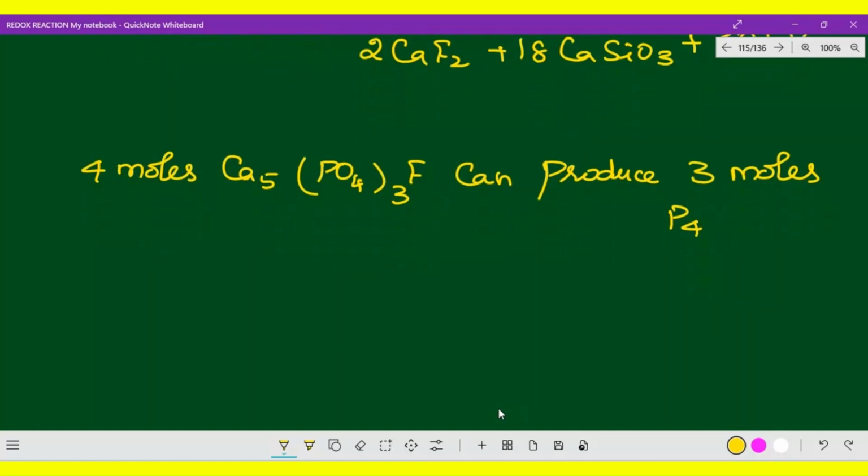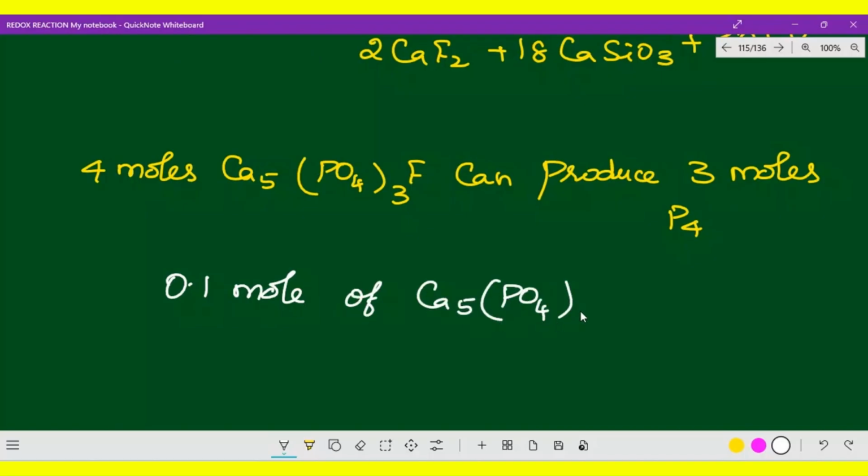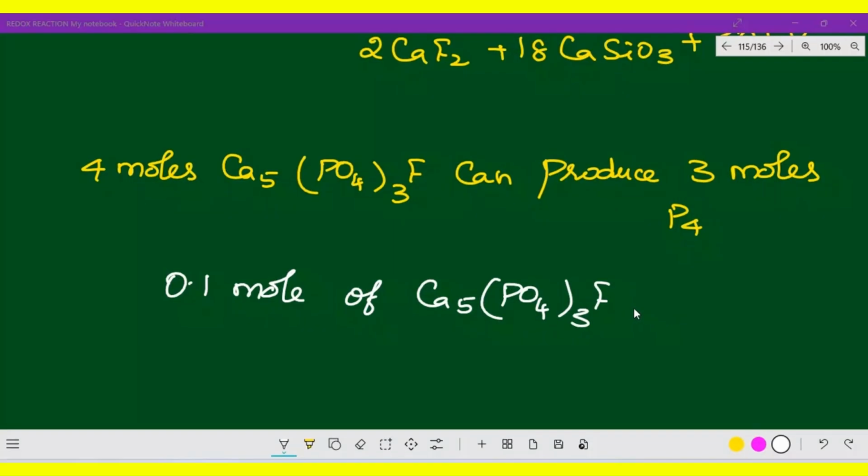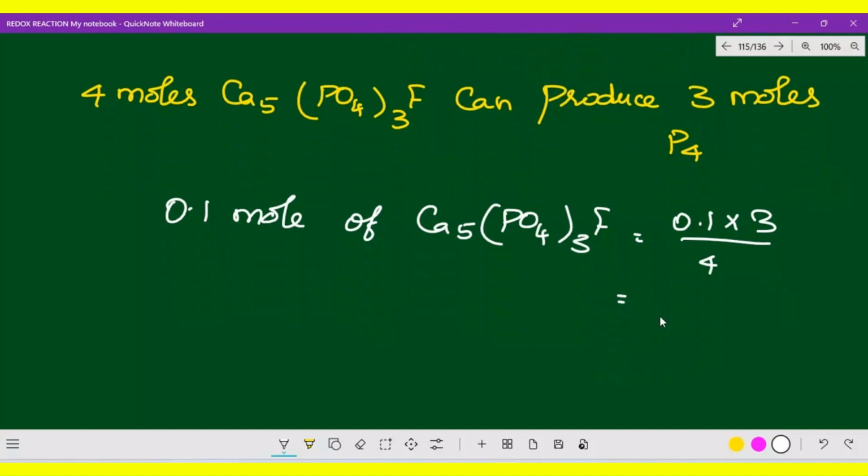Therefore, 0.1 mole of fluoroapatite, Ca5(PO4)3F, can provide, by cross multiplication, 0.1 into 3 divided by 4. So how much will you be getting? 0.075 moles according to the theoretical value.